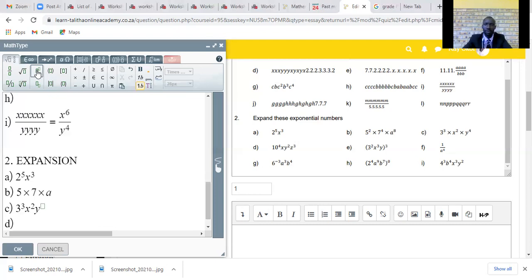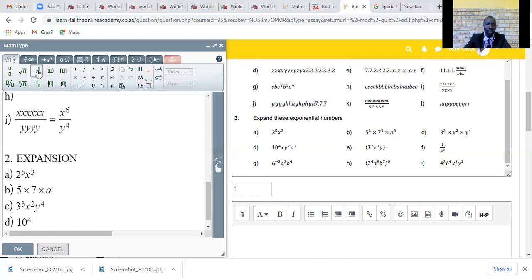All right. So we now move to D. Now, D is possibly the last we want to deal with. And so this will be 10 with exponent of 4. Then the next is what? x, y with exponent 2.